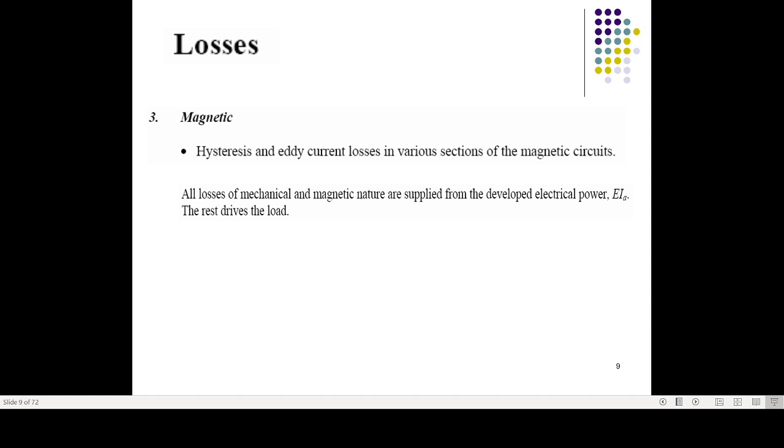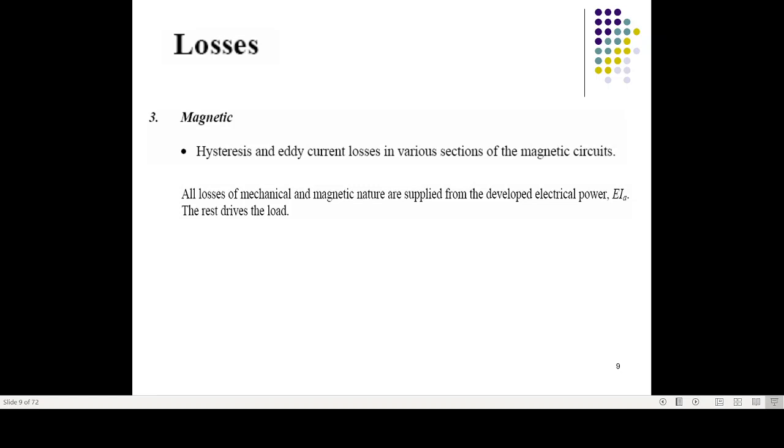And then we have core losses, or we can call it iron losses, or magnetic losses. As the iron core of the armature is rotating in magnetic field, some losses occur in the core, which are called core losses.